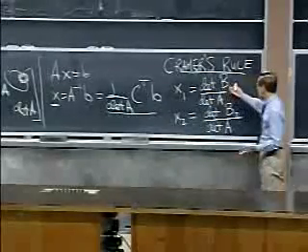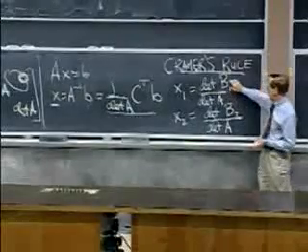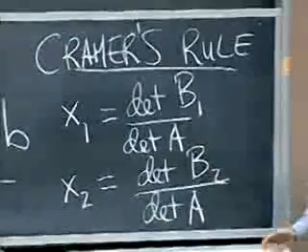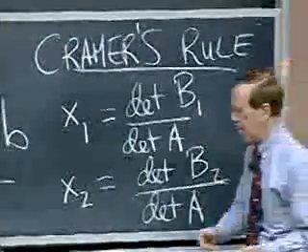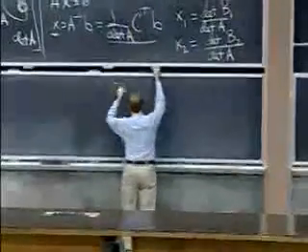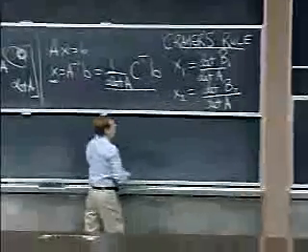So now Cramer just had a good idea. He realized what matrix it was, what these B1 and B2 and B3 and so on matrices were. Let me write them on the board underneath. Okay. So what is this B1?